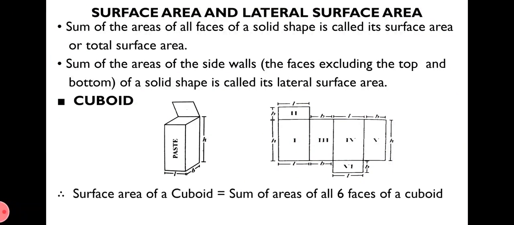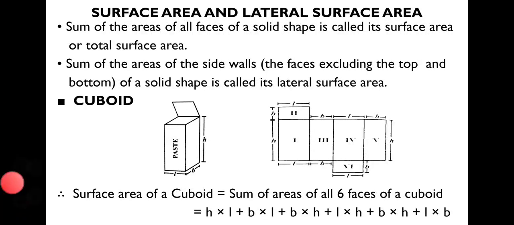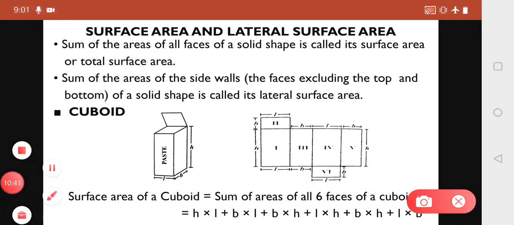Therefore, the surface area of a cuboid is equal to the sum of areas of all 6 faces of the cuboid. Already you can see in the net 6 different rectangular parts, so we will add all the areas of the 6 rectangles. For the first, it is height into length.